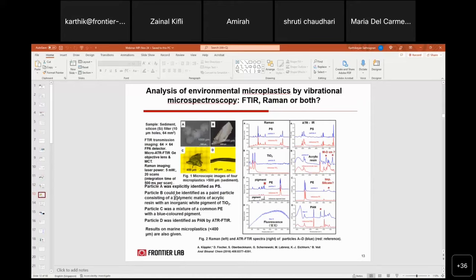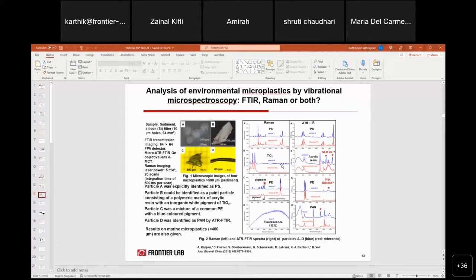For example, in particle B, the paint particles, along with TiO2, were also identified as microplastic. So this is one thing that you may face when you are using spectroscopy: some interference from the pigments or inorganic pigments.